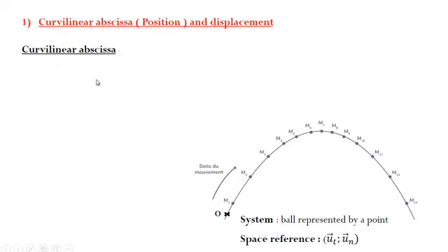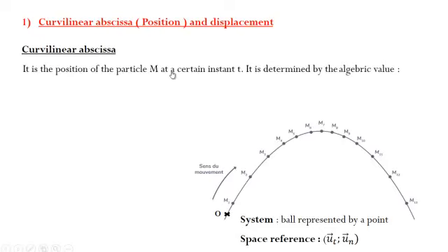Now we begin our study with the position, the curvilinear position, or what you call the curvilinear abscissa. It's the same thing. In order to start from the position, we talk from the point O. Here is the position of the particle at a certain instant. It's determined by the algebraic value OM, which is an arc.